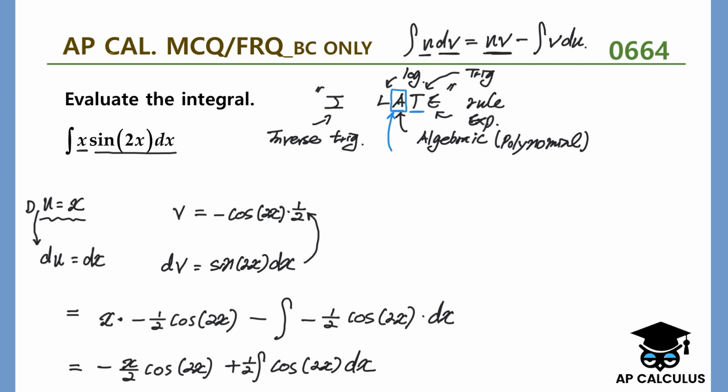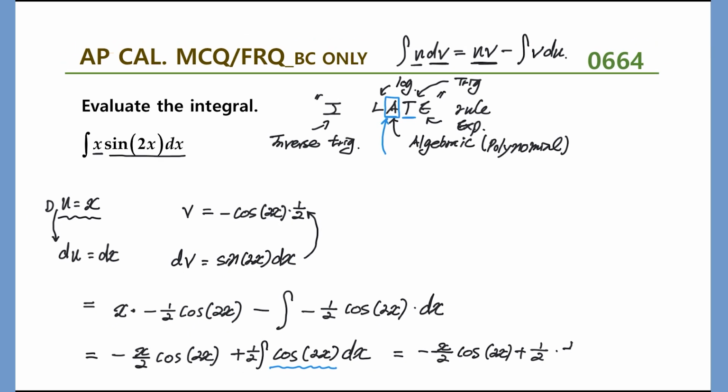The antiderivative of cosine 2x is 1/2 sine 2x. Now we have to add c.